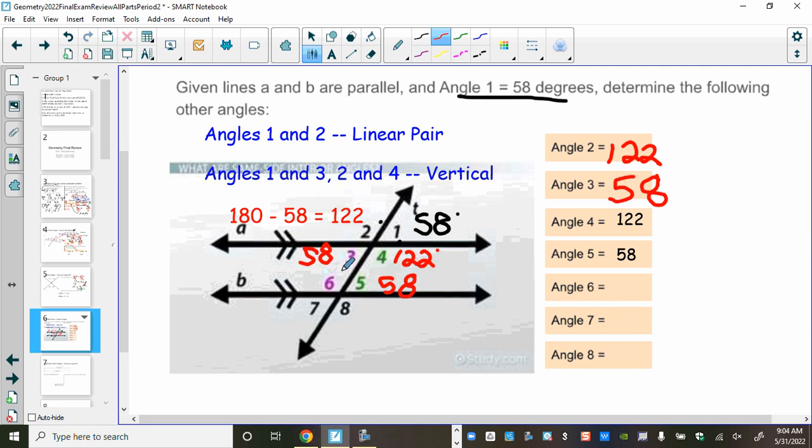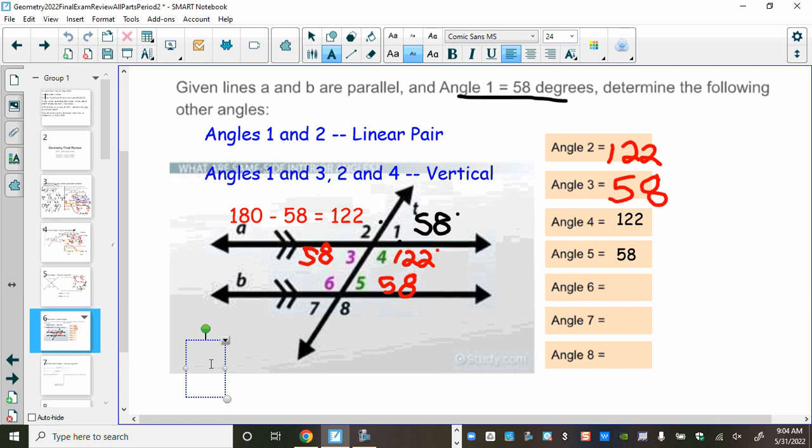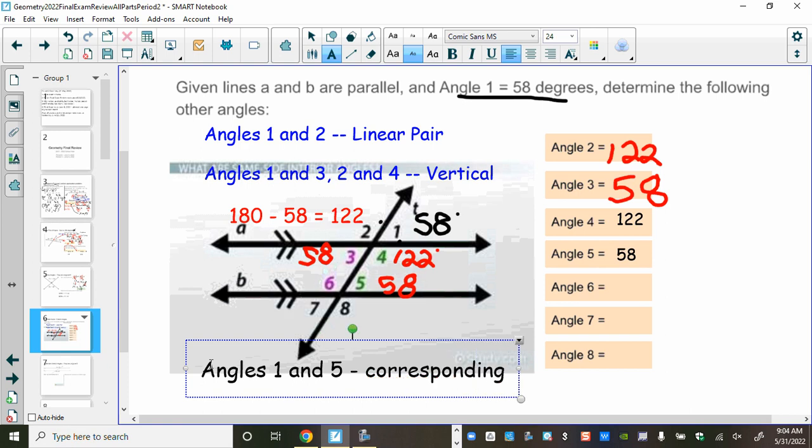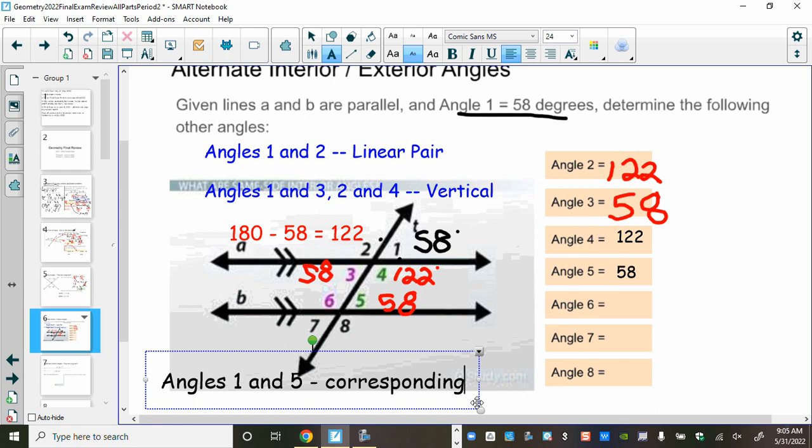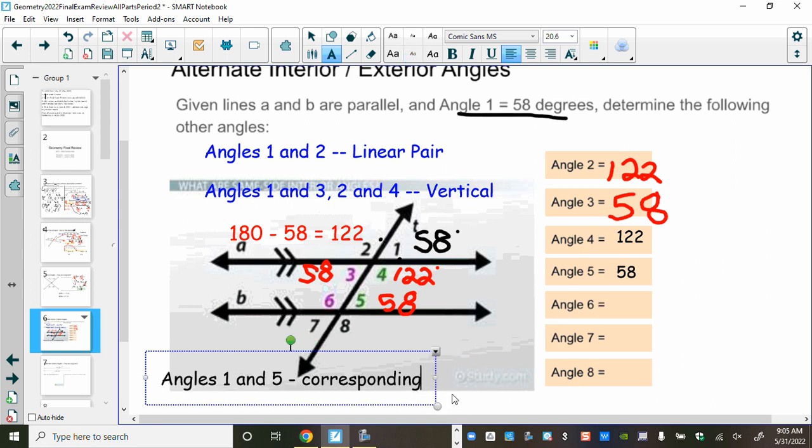Okay, what about angle 6? So angles 1 and 5, they're corresponding angles, so they're going to always be congruent.